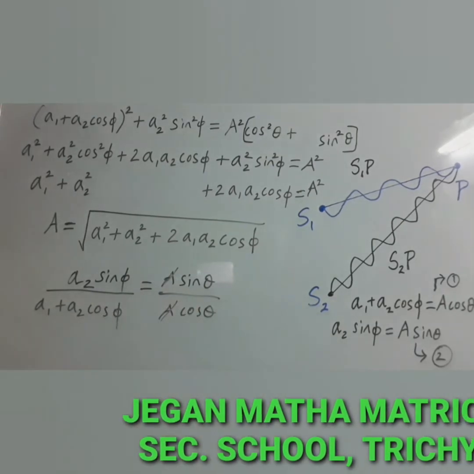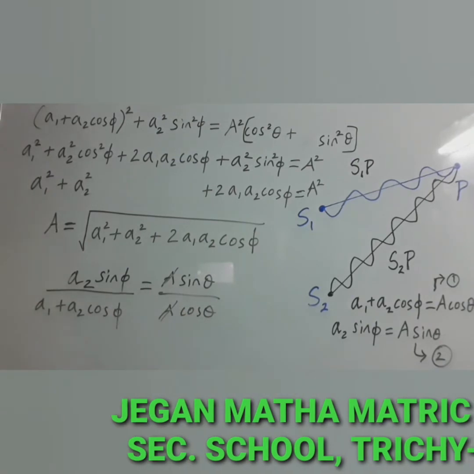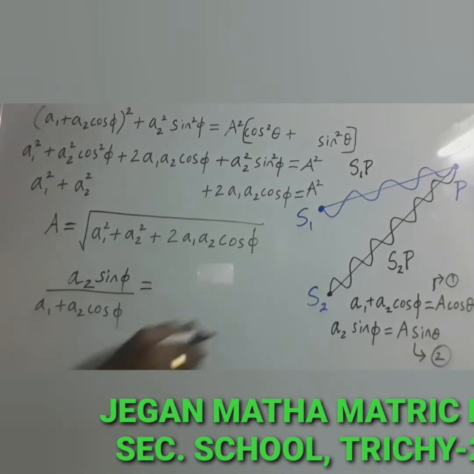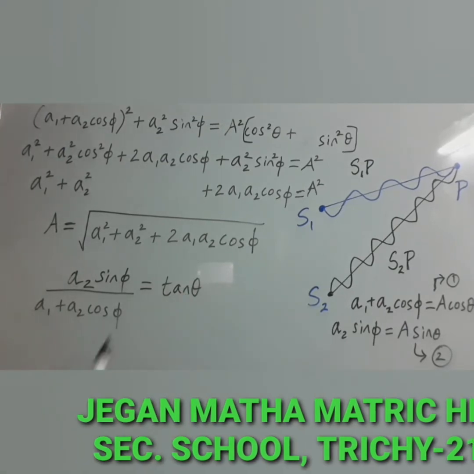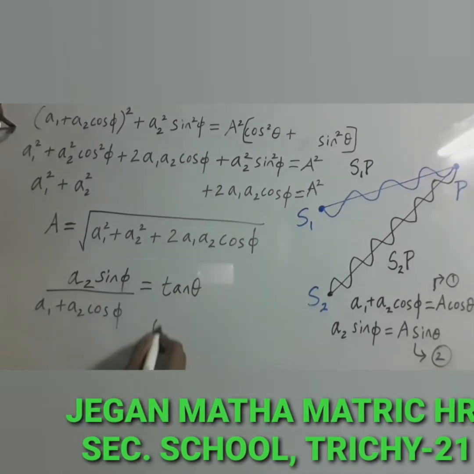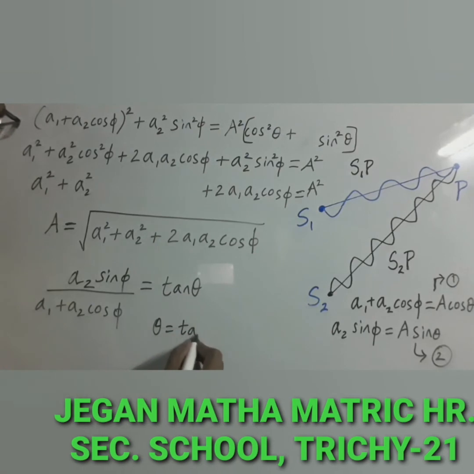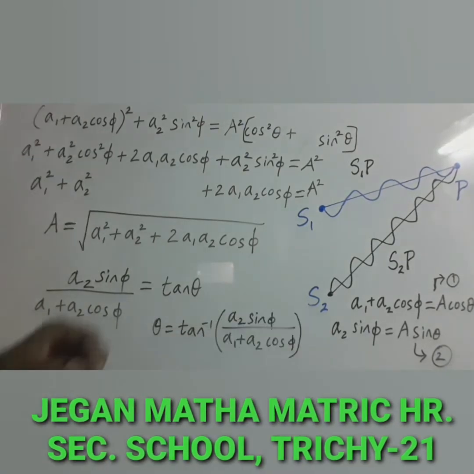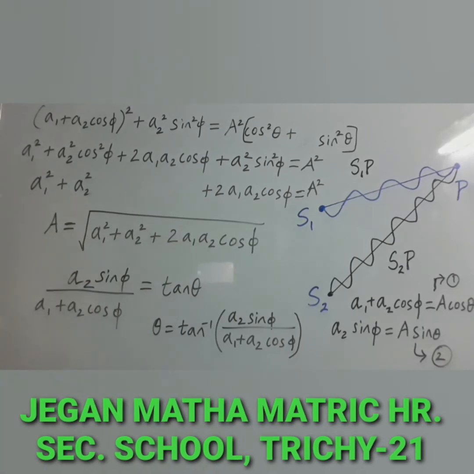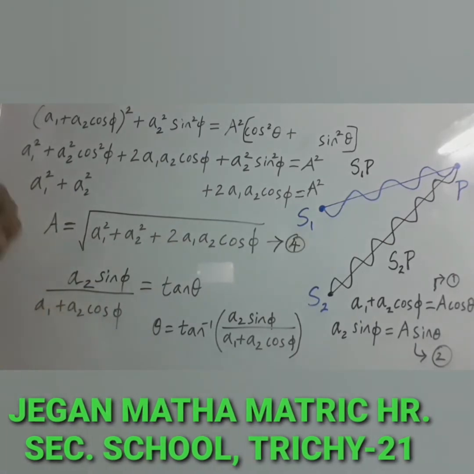Here A can be cancelled. Sin theta by cos theta is equal to tan theta. It is an angle between the two waves. Theta is equal to tan inverse of this value, taking tan to the other side. Let us take this expression as the fourth equation.